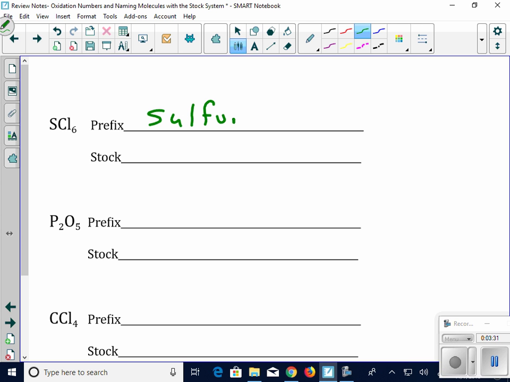So it's going to be sulfur. I put the prefix on the second word with an IDE ending. So it's going to be 6. So what is 6? Hex, right? Hexa. So it's going to be sulfur hexachloride.